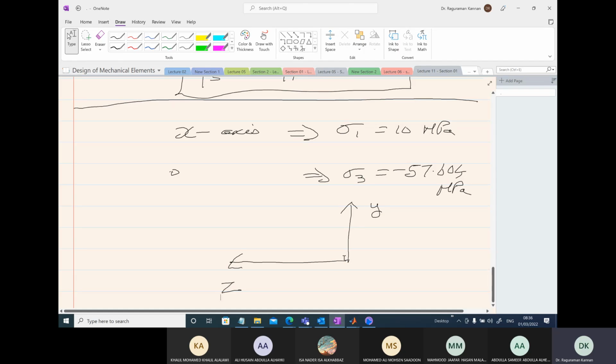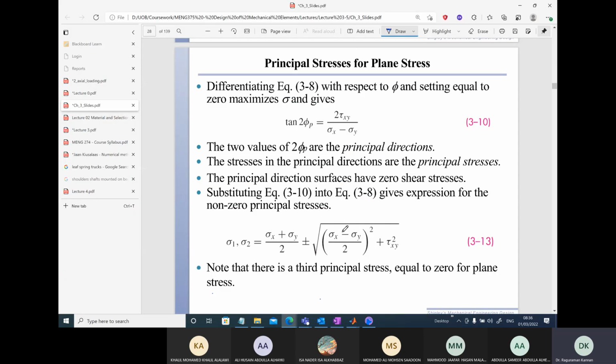Let's see here. How do we get the direction corresponding to sigma 3 equal to minus 57.604? That's the question here.